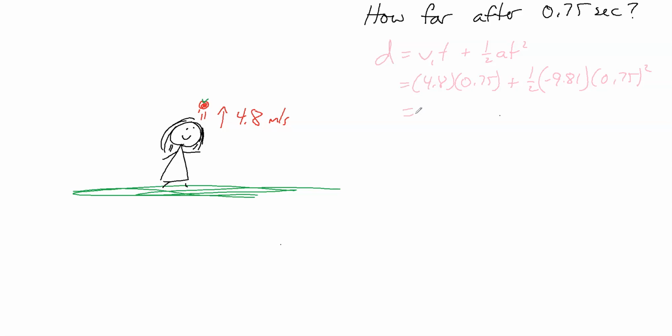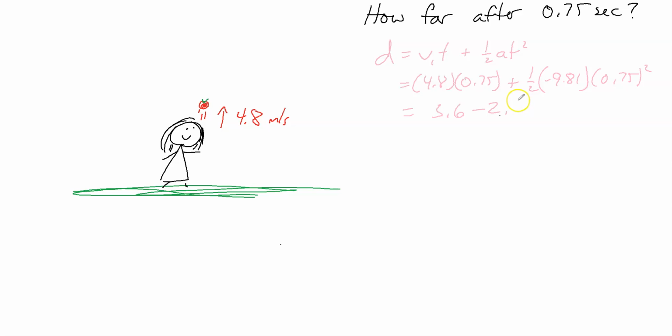So for the first part, we've got the 4.8 times 0.75. That's just going to be 3.6. And then if I multiply the rest, I've got the 1/2 times the 9.81 times the 0.75, and that part, of course, is squared. It'll end up being negative because of the negative 9.81, so I'll subtract.